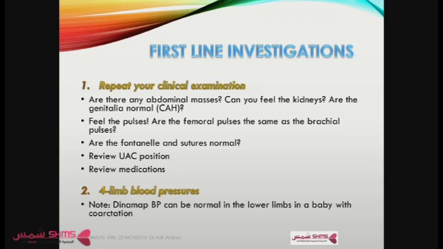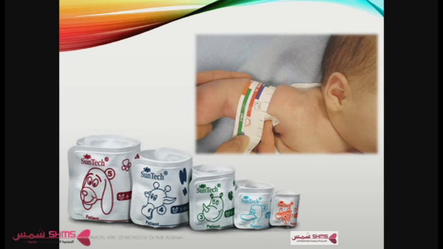Now, first-line investigations. We go more with the clinical sense. This is arbitrary, just a framework. Abdominal, just the questions to match what to do. We have to take four limbs pressure and review the history.